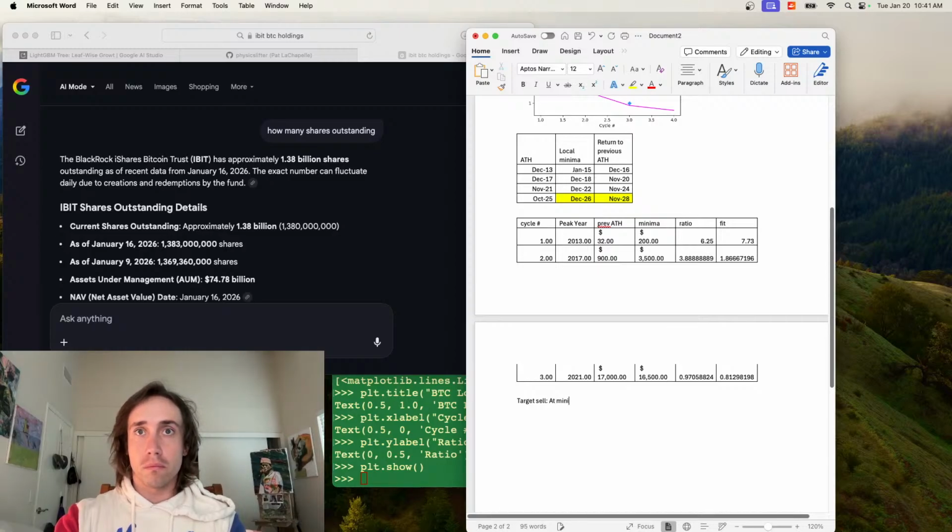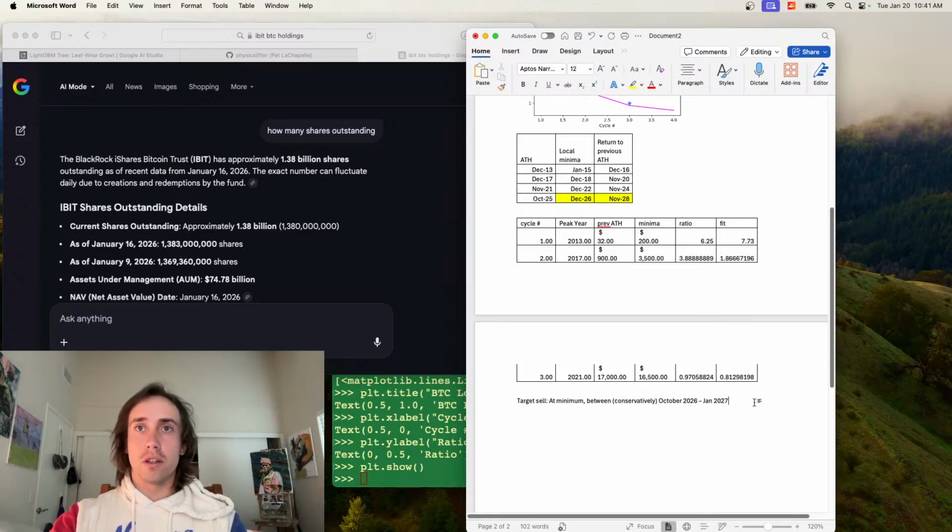At minimum, conservatively, we could say it's between October 2026 to January 2027.